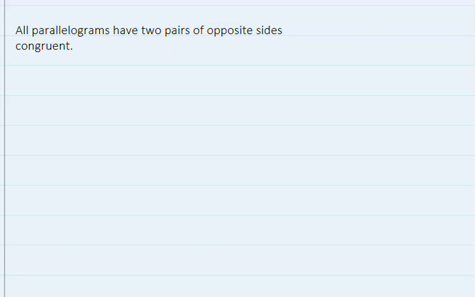So the way I like to begin a proof is just by writing the word proof, and then we're going to make an assumption. So we're just going to let figure ABCD be a parallelogram.